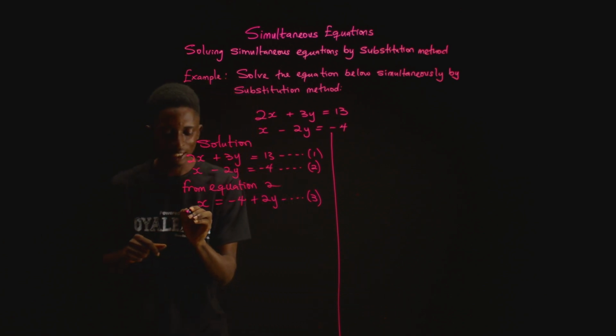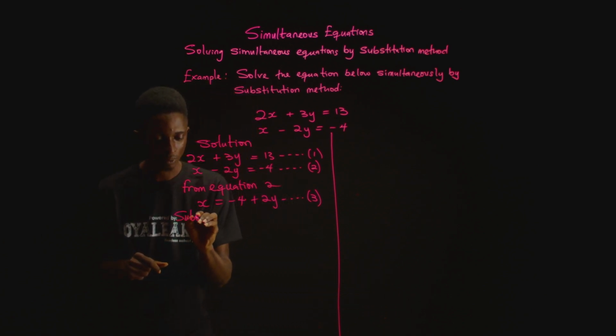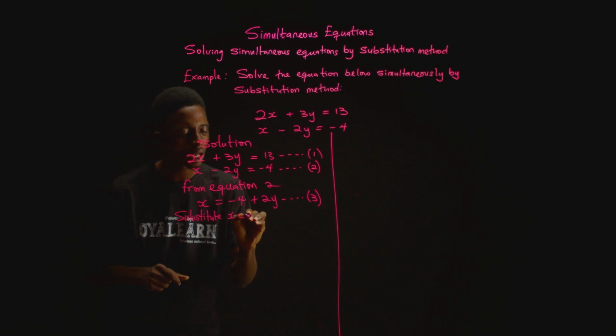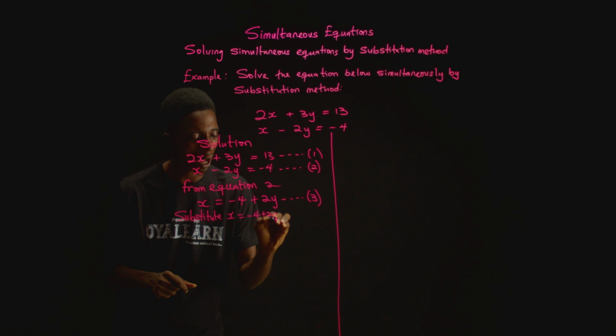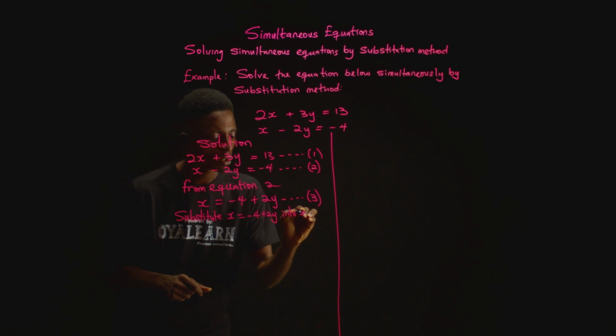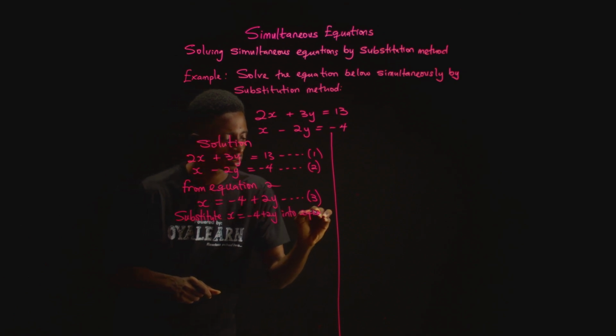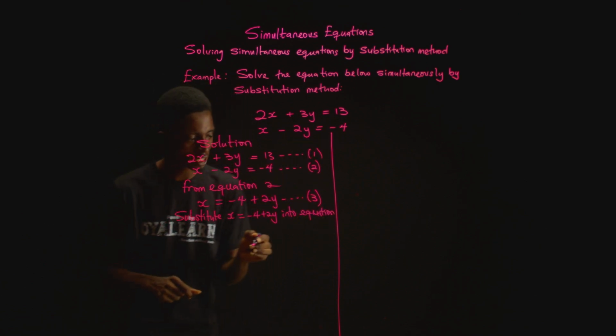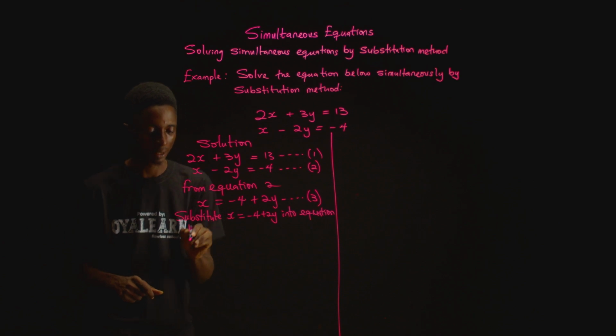Now, the next step is to substitute x equals minus 4 plus 2y into equation 1. Since we have worked with equation 2, let's substitute it into equation 1.